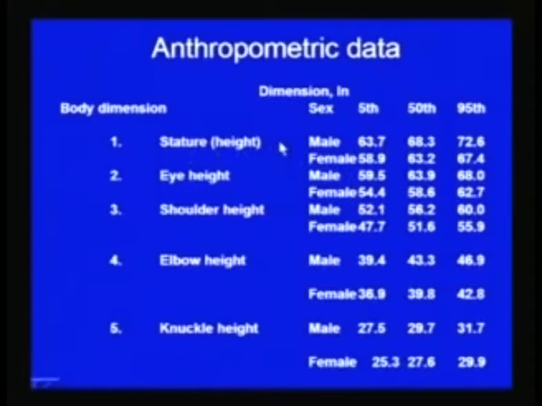So, height or stature for the male, for the 5th percentile, is 63.7 inch. All these dimensions are in inch. In the same way, from this table we can see the different heights from the level where the person is standing, for male and female, and for the different percentile ranges.